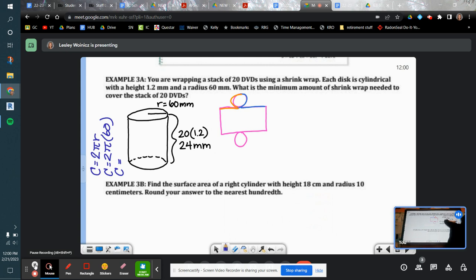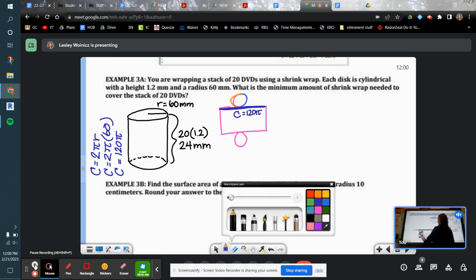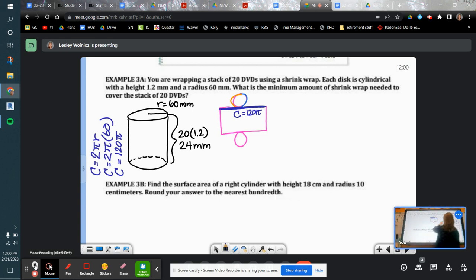Can we just call it 120 pi for now? Okay, so that's C. This length right here is our C, 120 pi. Everybody happy with our rectangle? So the other dimension of our rectangle is the 24 millimeters.